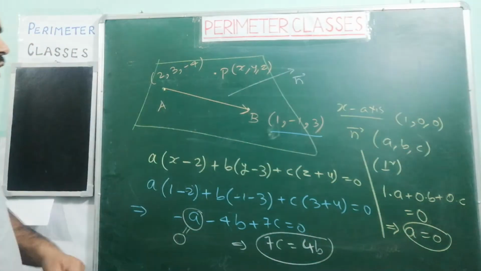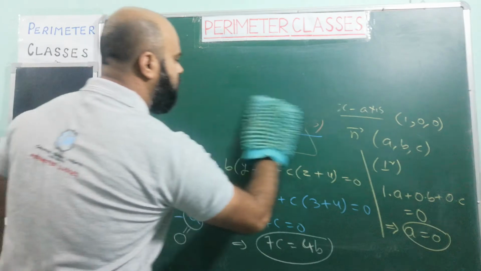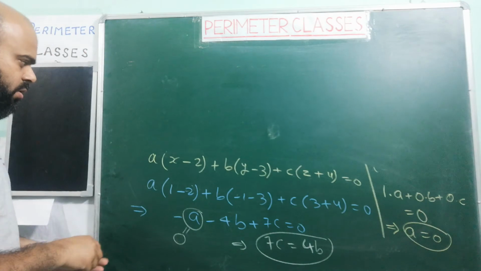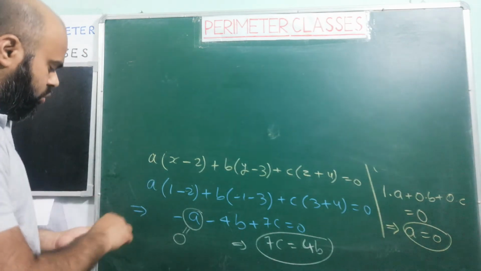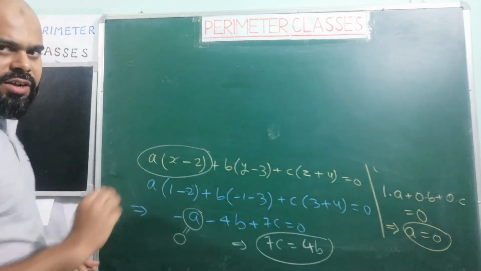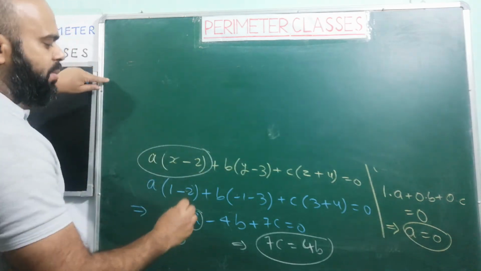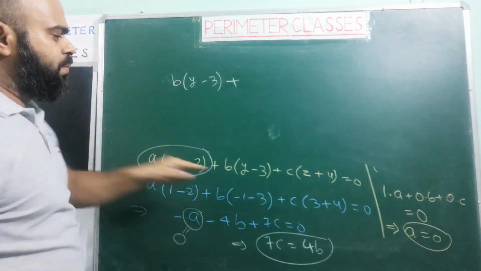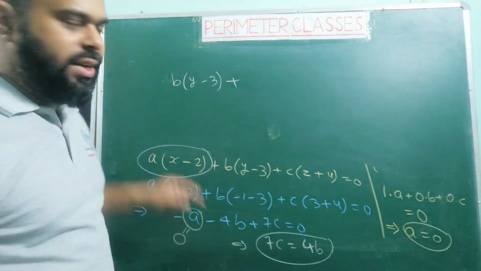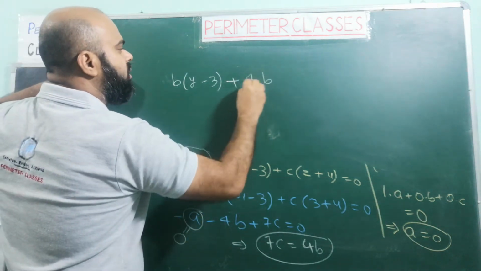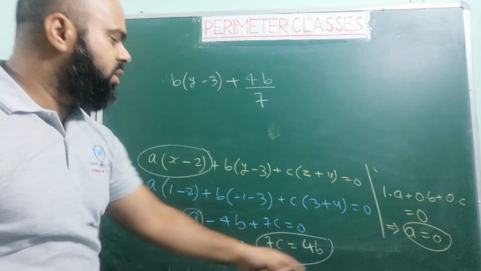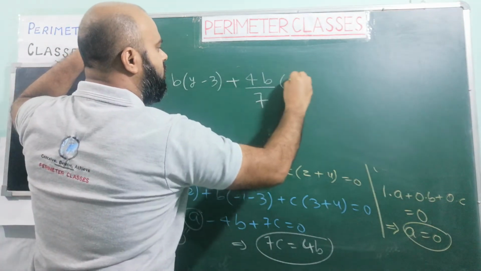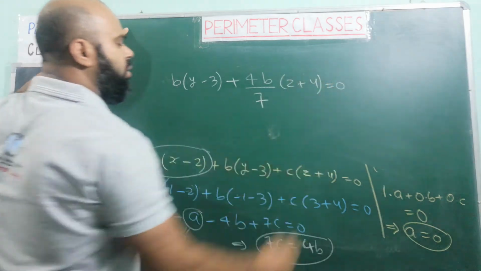Now let us find the equation of the plane. The equation of the plane, as we wrote just now, is this one. Now A is 0, so this particular term will completely vanish. So let us keep it as B into y minus 3 plus C, and C is actually 4B by 7. So I am writing C as 4B by 7 using this relation, into z plus 4 is equal to 0.